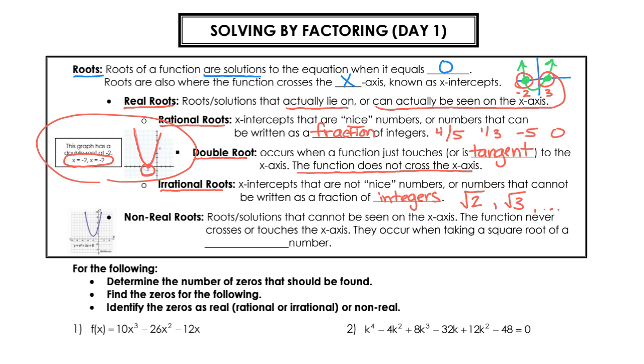And the final category of roots is non-real roots. These are roots or solutions that cannot be seen on the x-axis. The function never crosses or touches the x-axis. They occur when taking a square root of a negative number. So for instance, the square root of -3 is non-real.